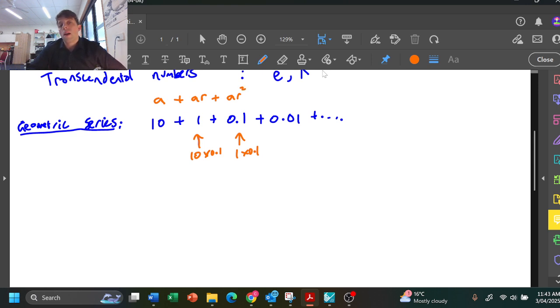So it's going to be that ratio times the ratio again, so r squared, etc. And in general, the nth term in this series is going to be a times r to the power of n minus 1, where again, a is that initial number and r is that common ratio.